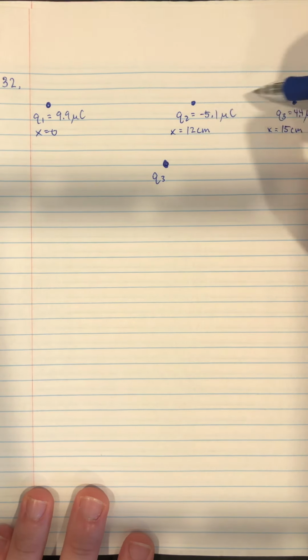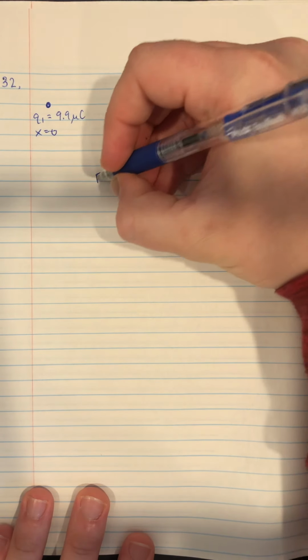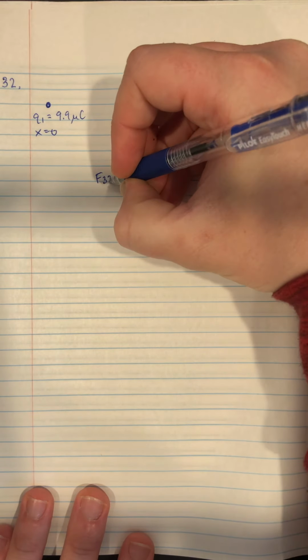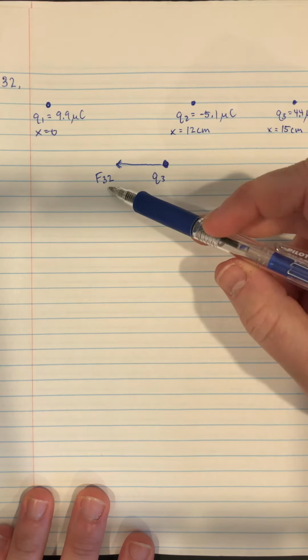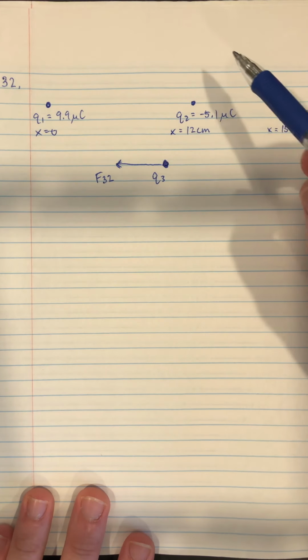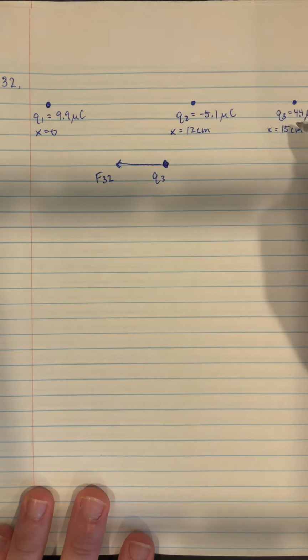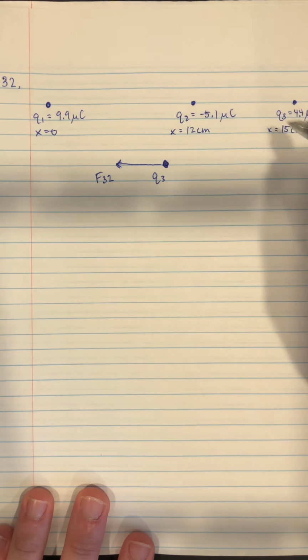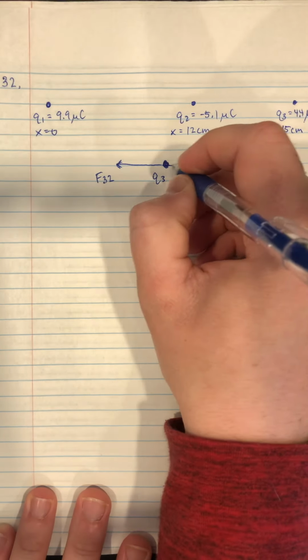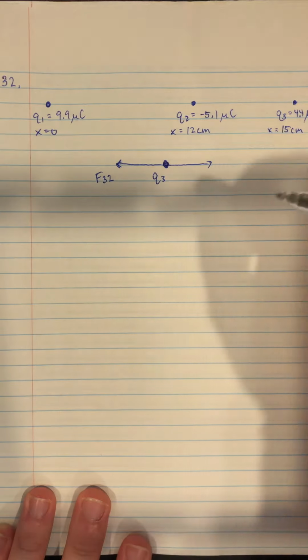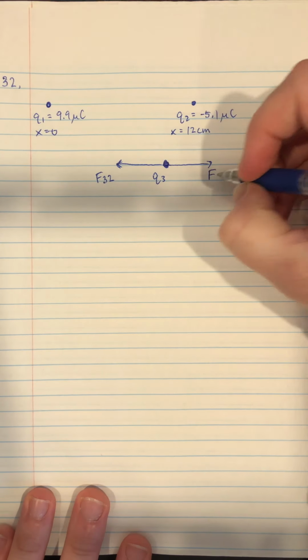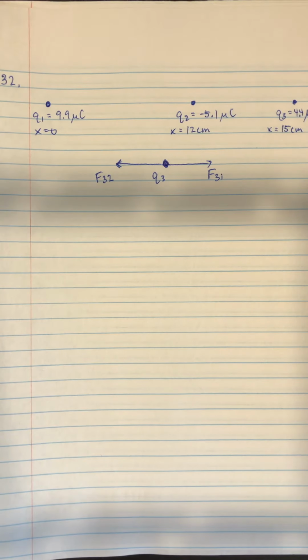So the force on charge 3 because of charge 2 is going to be attractive. It goes to the left. Positive and positive, so we should get a repulsive force, which would go to the right. So Q1, force on particle 3 from charge 1 is going to be to the right.